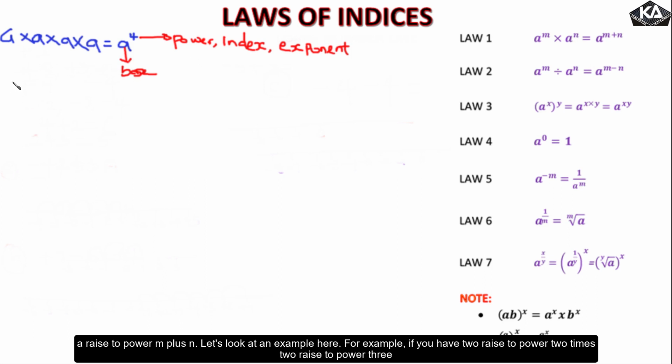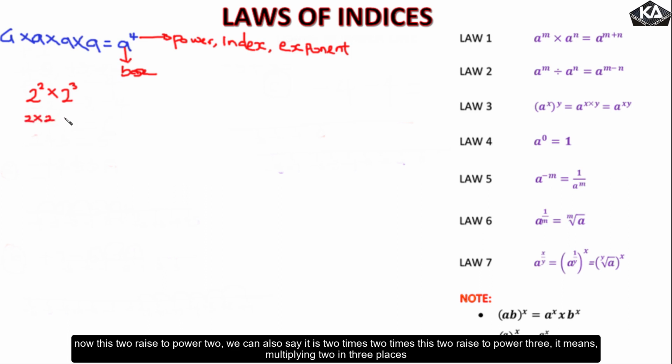Let's look at an example. If you have 2 raised to power 2 times 2 raised to power 3, the 2 raised to power 2 is 2 times 2, times 2 raised to power 3, which means multiplying 2 in 3 places.